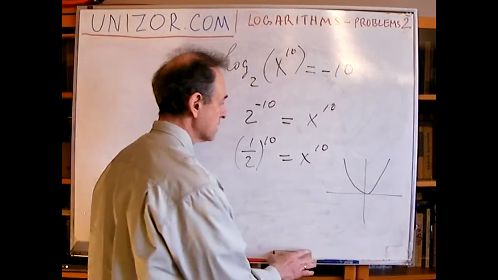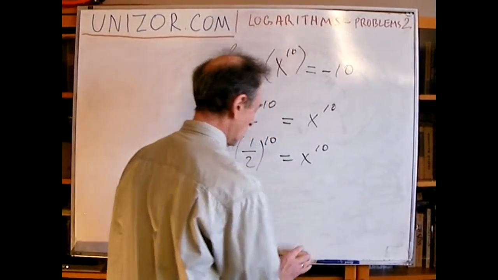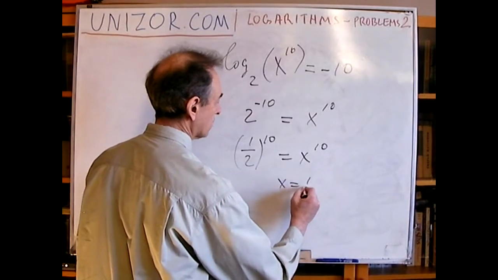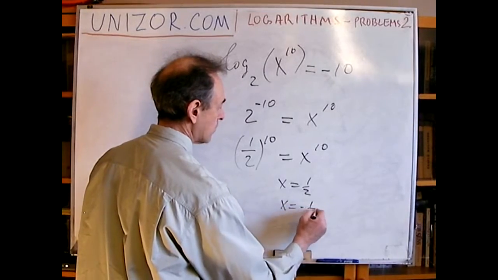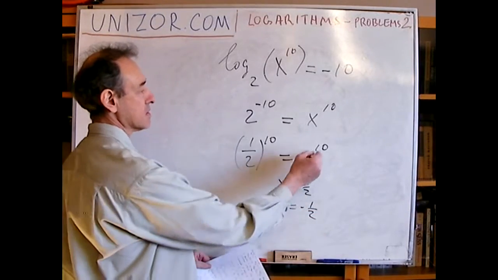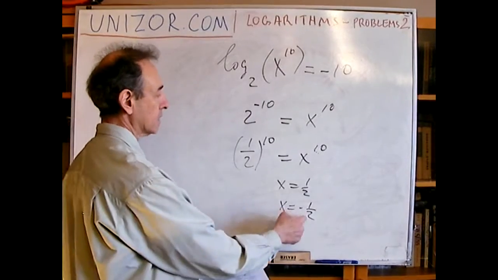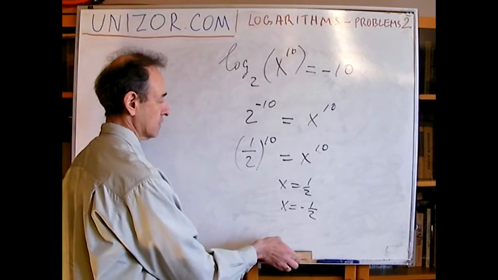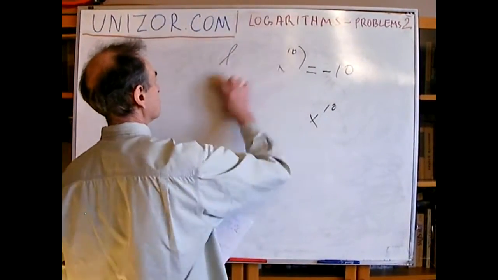So in this particular case, it's very easy to find one obvious solution. X is equal to 1/2. But as you understand, x equals -1/2 is also a solution, because this is an even power. -1/2 to the 10th degree is exactly the same as 1/2 to the 10th degree. So we have two solutions to this equation.